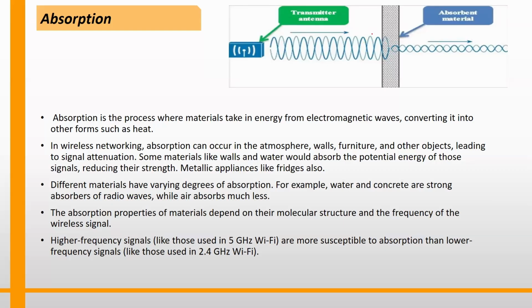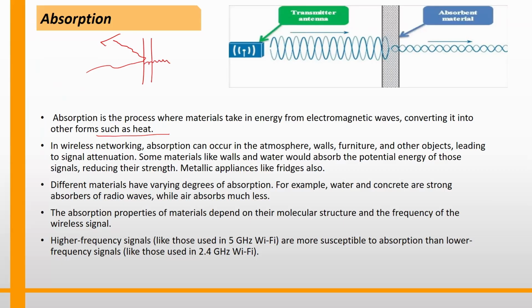As you can see here, absorption is the process where materials take in energy from electromagnetic waves, converting it into other forms such as heat. And it will go from one medium to another medium. Also, when a signal hits any object, some part of the signal gets reflected, right? So some part will be absorbed by this material as well.